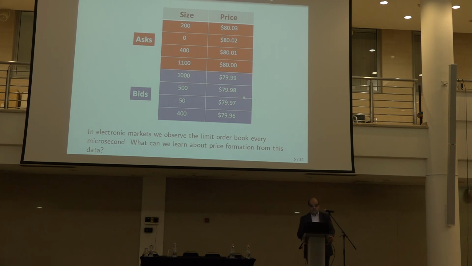So it's really a statement about the order book, but this doesn't happen at each event. For example, if I execute 100 orders here, this goes from 1,000 to 900. The price doesn't move. Only if I execute at least 1,000 orders does the price move. So price changes are less frequent than changes in the order book.